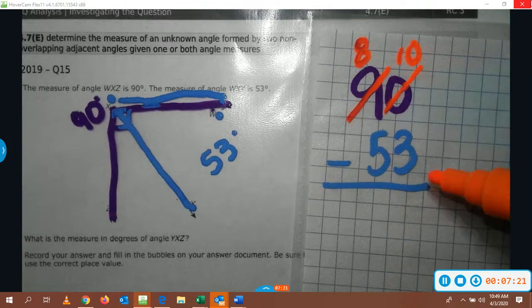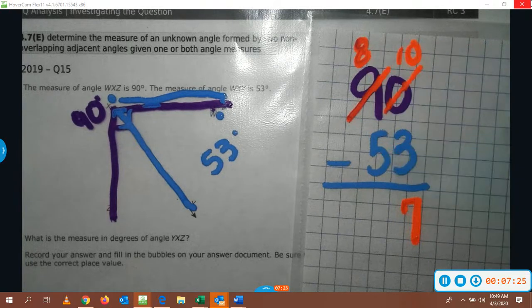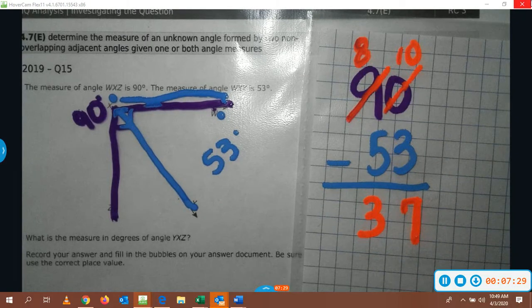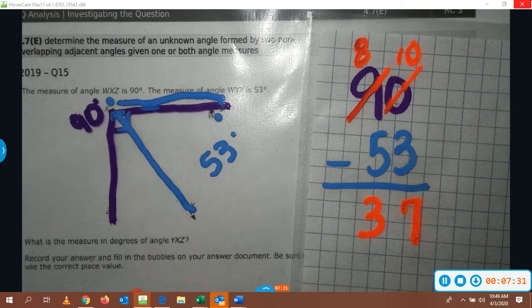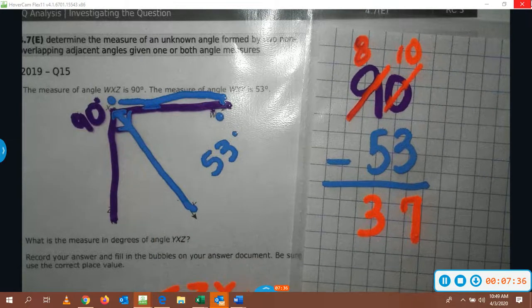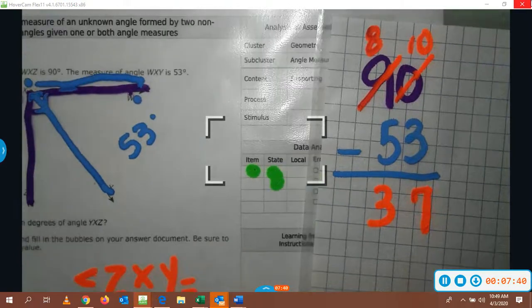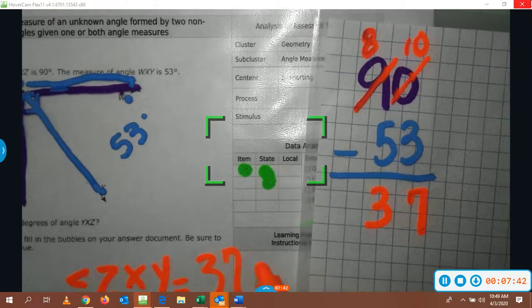So 10 minus 3 is 7. 8 minus 5 is 3. So this side angle ZXY equals 37 degrees.